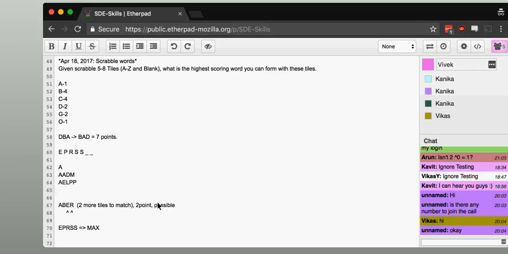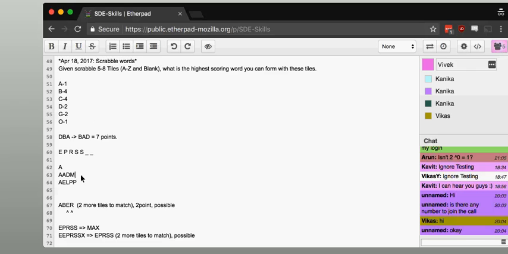Now maybe there is a word called express, EEPRSSX. Right. Okay, and what is the score for this? The score for this will be the same as EPRSS anyways because it's the same score. And it will say 2 more tiles to match. Can you make this word? Yes, because you have 2 more blanks, right? So you say possible.